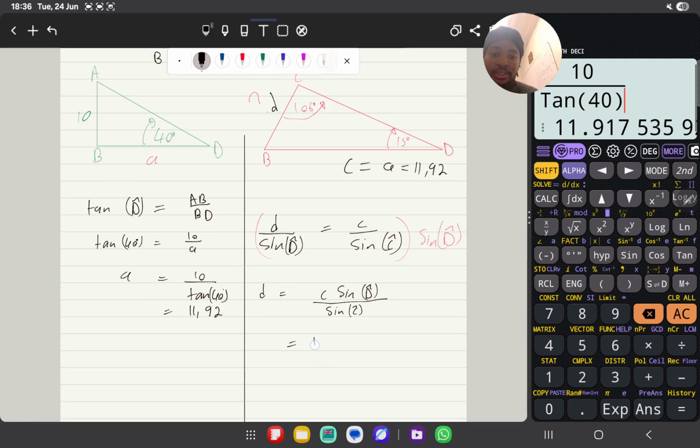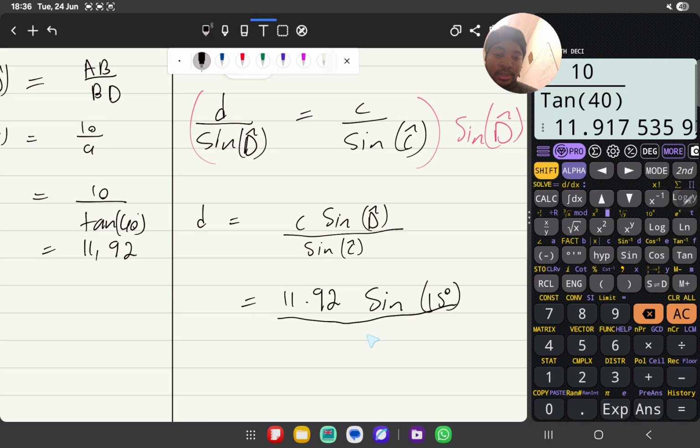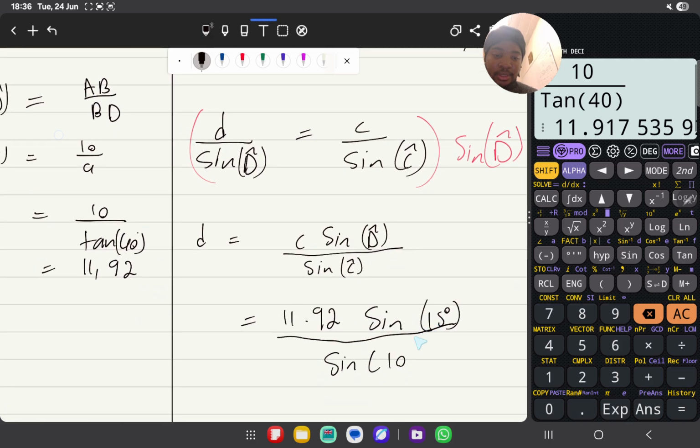It's 11.92, times sine 15 degrees, over sine C, which is 106 degrees.